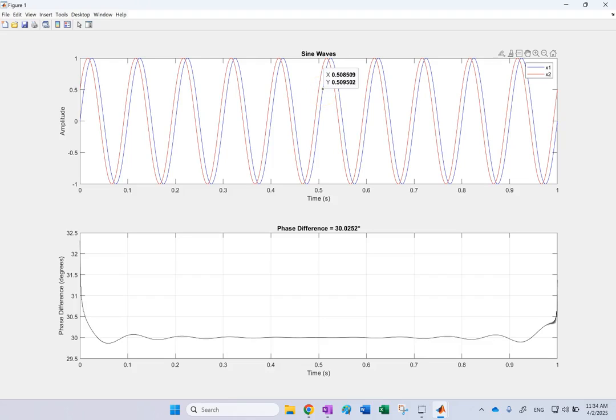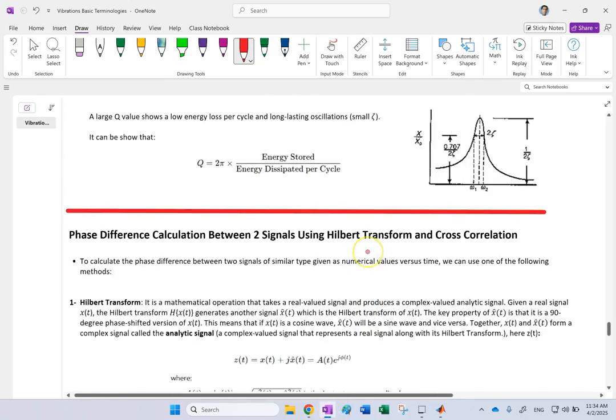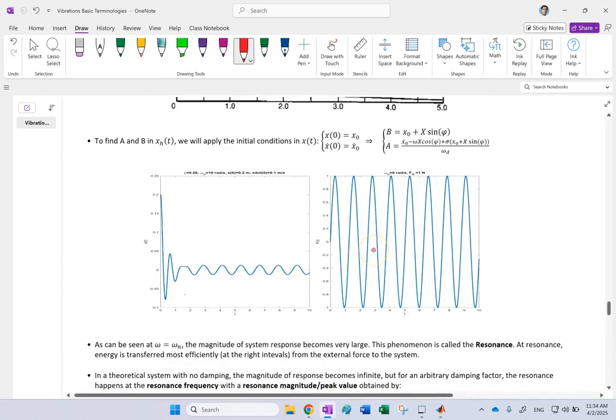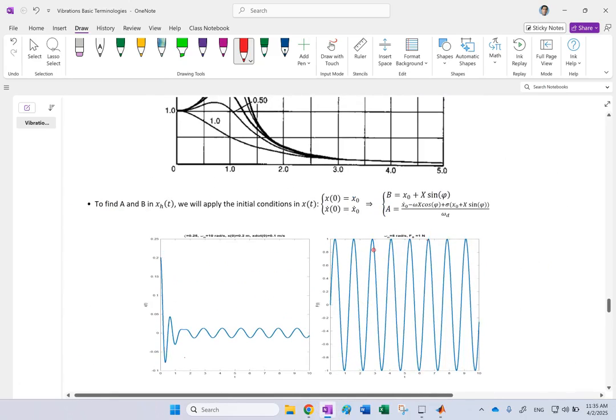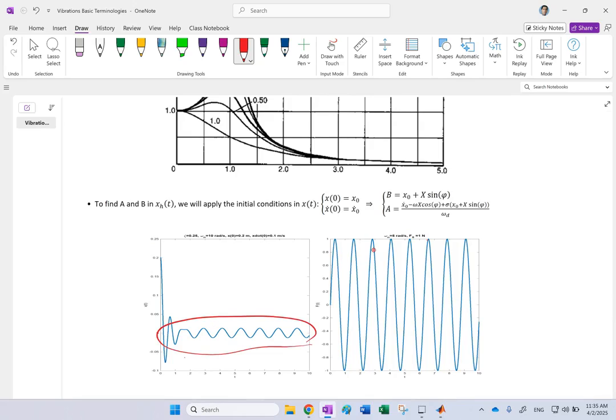The reason for that is in one of my previous videos on vibrations, I wanted to calculate the phase shift between these two signals. So I have the response of the system signal and the input of the system signal. The phase shift difference between them is this phi, and getting the magnitude of the output is not hard.